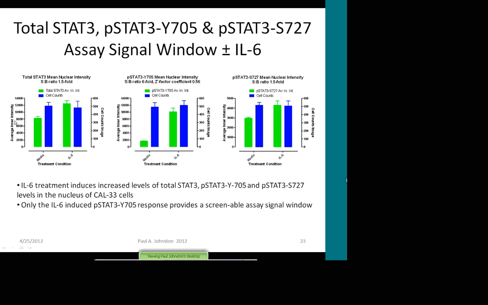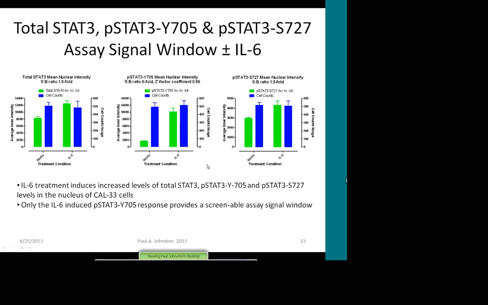However, when you look at the quantitative data, here we're using the average nuclear intensity plotted on the left-hand Y-axis, and then the cell count plotted on the right-hand Y-axis. And we're plotting both, in blue the cell counts and the total STAT3 average intensity in the nucleus.